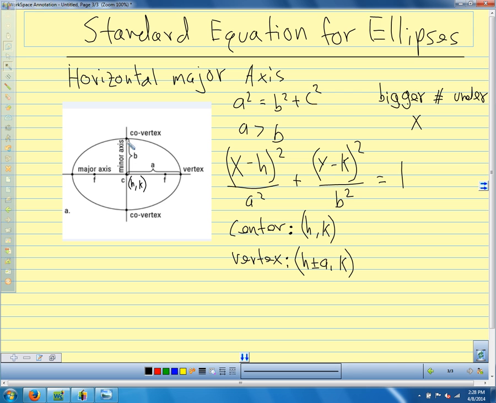B tells us how far up and how far down to move to get to the co-vertices. So we can find our co-vertex at h, k plus or minus b, moving up and down from our center.